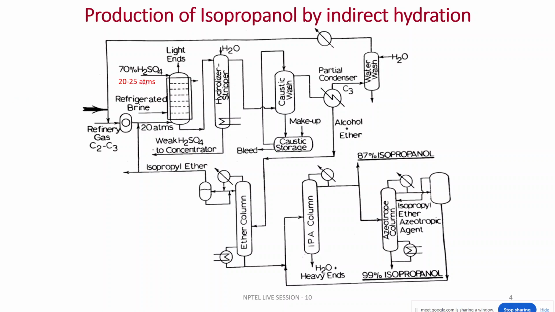Also in this absorber you can see that 70% H2SO4 acid is being added. We are adding this for the sulfation process. So here the main process occurring is the sulfation process, which is highly exothermic in nature. By the end of the sulfation process, we will get some light ends.